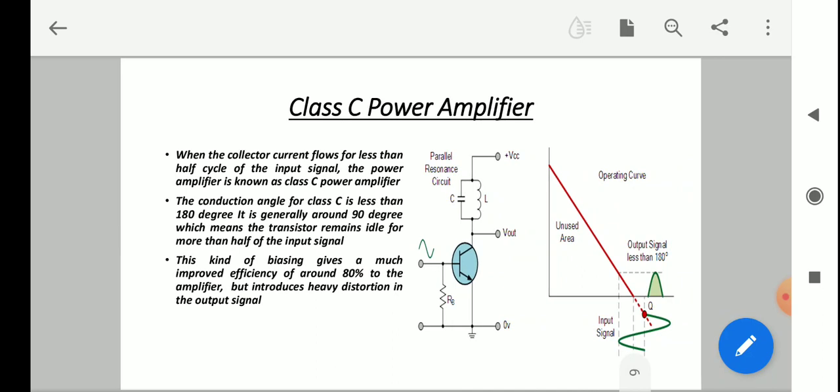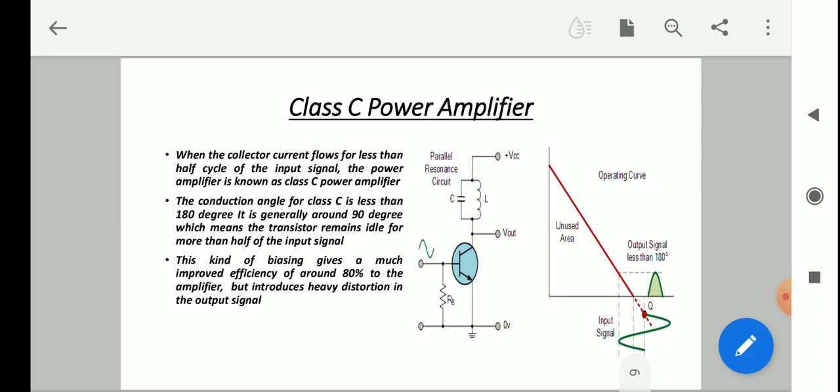Class C power amplifier is biased in such a way that it conducts only for half of a half cycle, only 90-degree phase angle of the input signals.